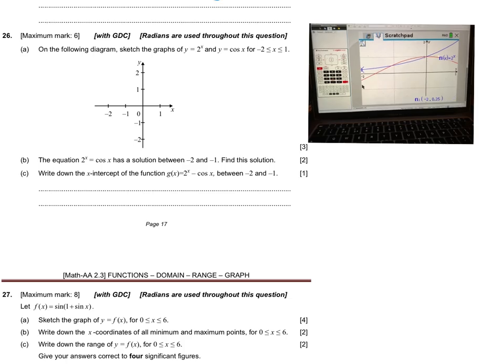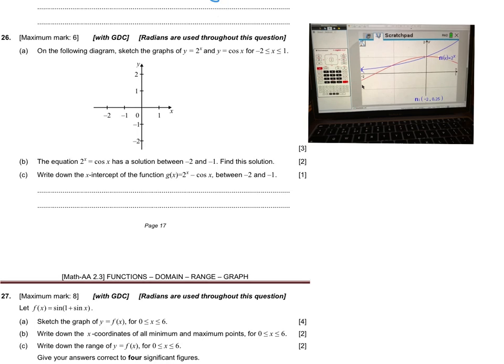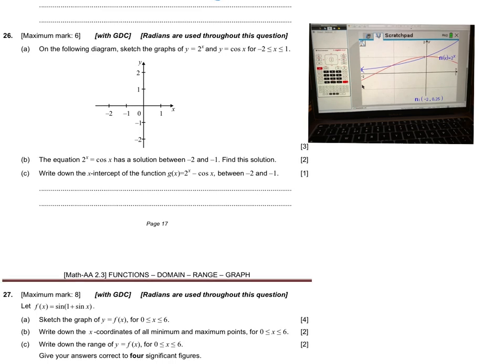And for the 2 to the x function, that is 0.25. Oops. So I'll keep with the blue. Negative 2, 0.25. It's going to get messy. And then we can even go down to the other function. So negative 2, negative 0.416.